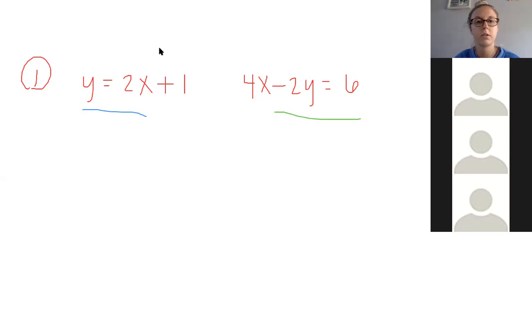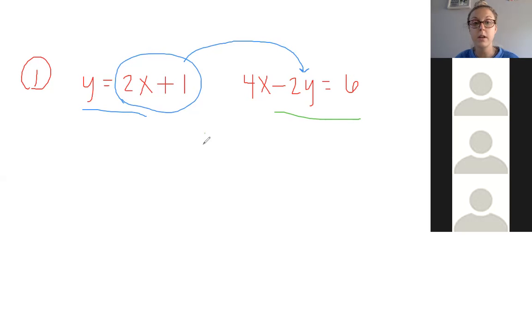Because the first one's already in Y equals. Okay, so what you're really saying is you want to start with the blue and put it into the green, because does everybody see how the blue one says Y equals 2x plus 1? So you can put 2x plus 1 in for the Y in the green equation.